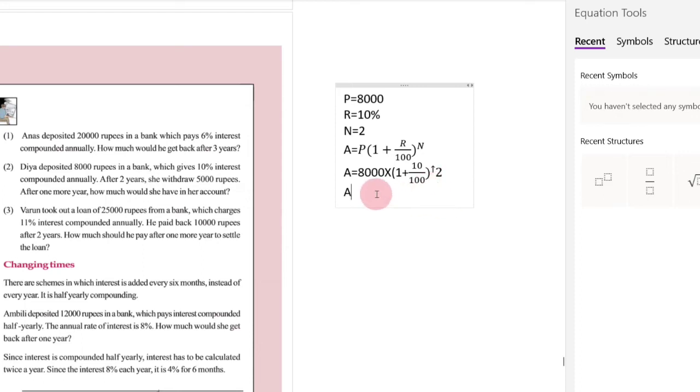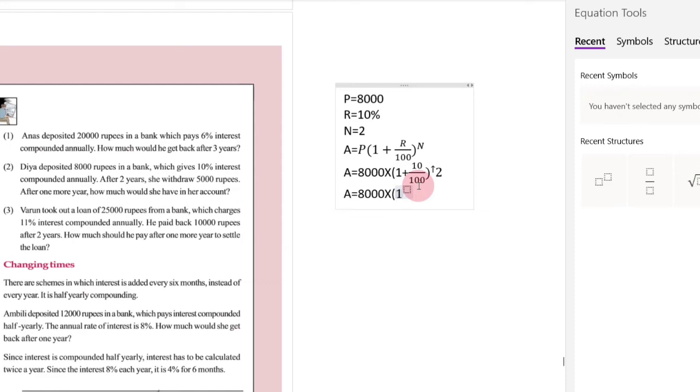As we did in the last question, how do we solve this? First, 8000 into the section 1 plus 10 by 100, using the cross multiplication method. 1 plus 10 by 100 is equal to 100 plus 10 by 100.